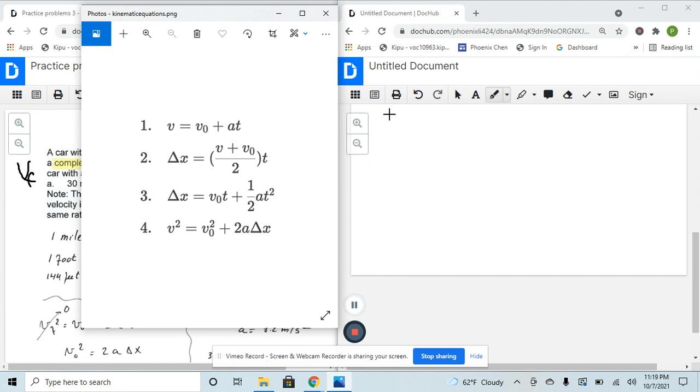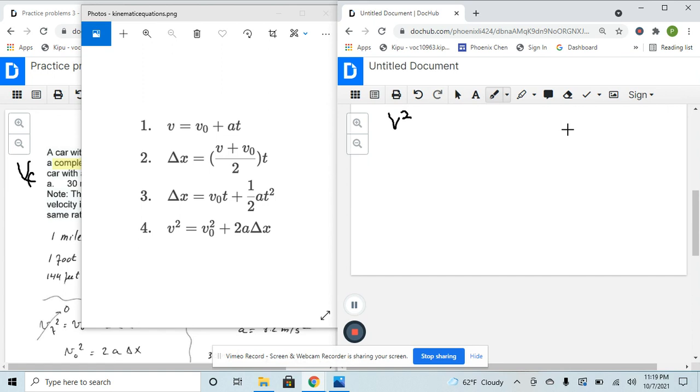Same equation: final velocity squared is equal to initial velocity squared plus 2 times acceleration times delta x.